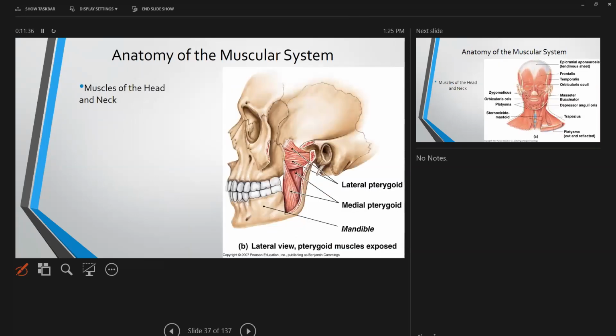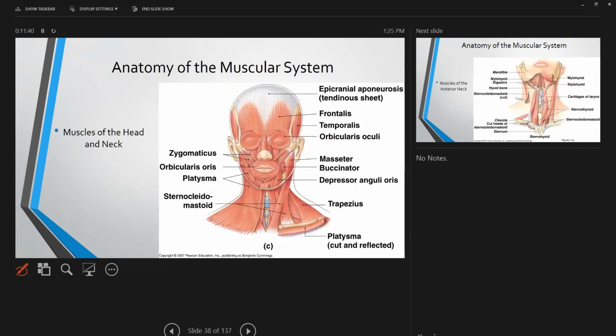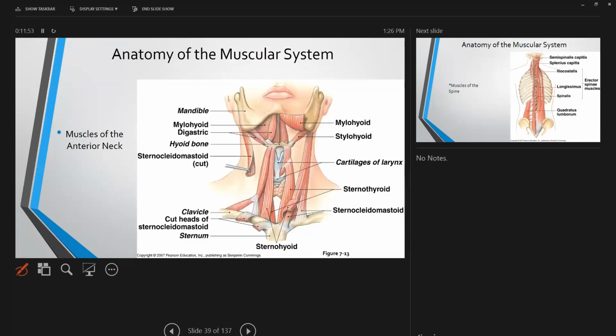And then anatomy of the muscles of the head and neck, anatomy of the neck itself, as well as the main muscles of the face and skull. And then anatomy of the anterior neck.